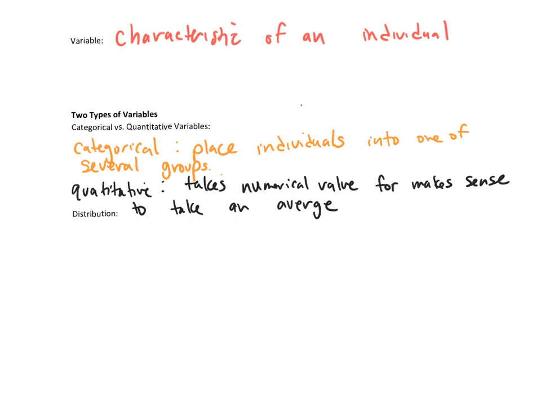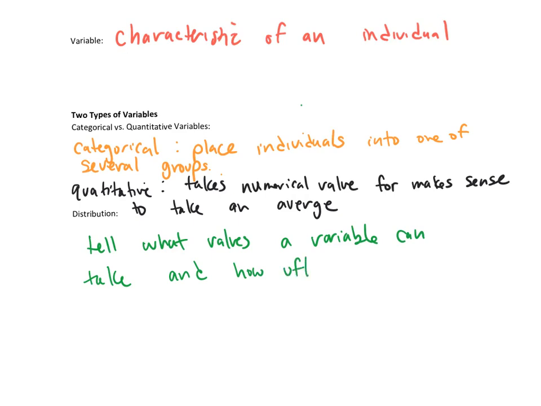Another big thing that we'll talk about a lot is the concept of a distribution. We'll look at an example of that in a second. A distribution tells what values a variable can take and how often it takes them. Some variables have lots and lots of values, some have less.